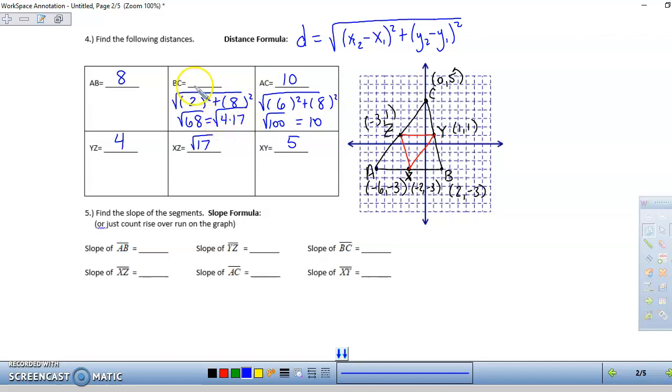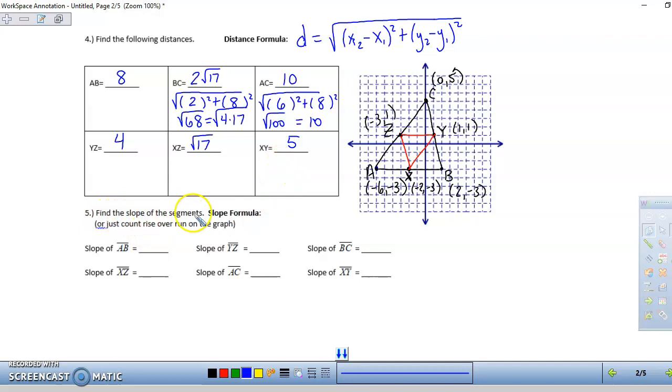So this turns into 2 square root of 17. We will review over that piece in great detail when we do Pythagorean theorem later. So don't worry about memorizing the distance formula for this chapter. This is just a discovery lesson to go through where the midsegment theorem came from.